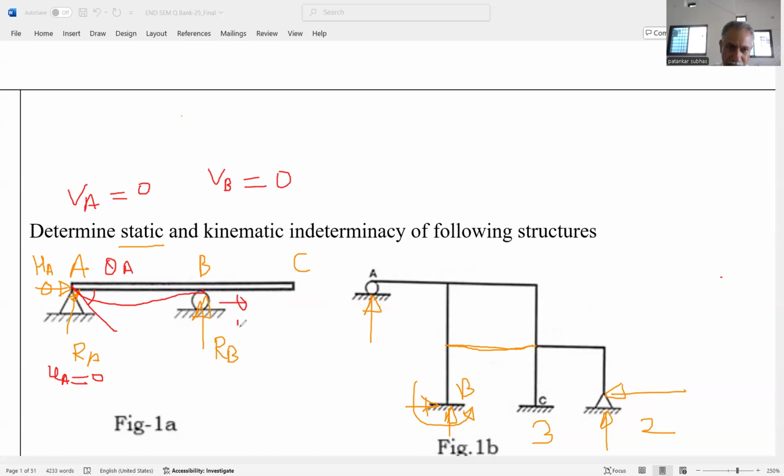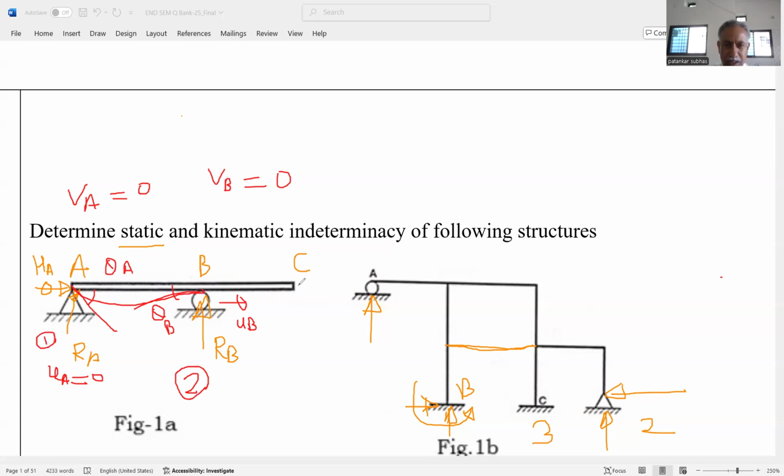That's why UB is there. It is not 0, because the roller moves in x direction. And similarly, when we draw the tangent to this curve, we get the theta B. That's why at support B, there are two components: one is the translation along x direction and rotation about point B. So at support B, kinematic redundancy is 2 and at support A, it is 1.